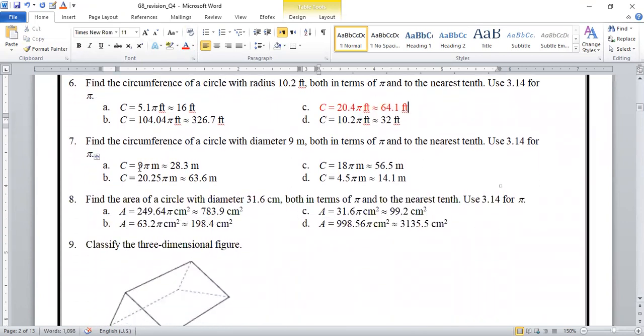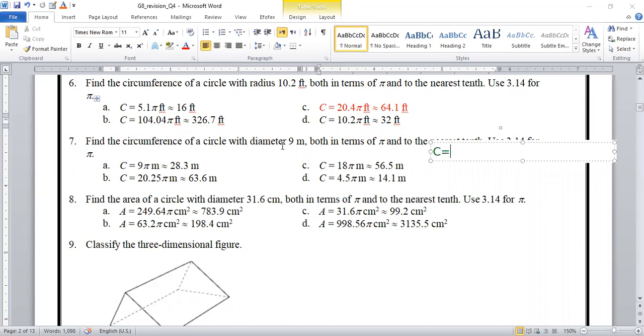Number 7, find the circumference of a circle with diameter 9 meters, both in terms of pi and to the nearest tenth. We know that the circumference of a circle equals 2 pi r, and 2r equals the diameter.